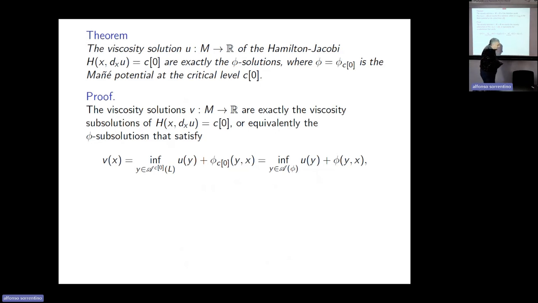Okay, so here it should be, let me maybe write that down here. v x equals infimum over y in A0 L, but this quantity is the same as phi of yx by definition, okay.